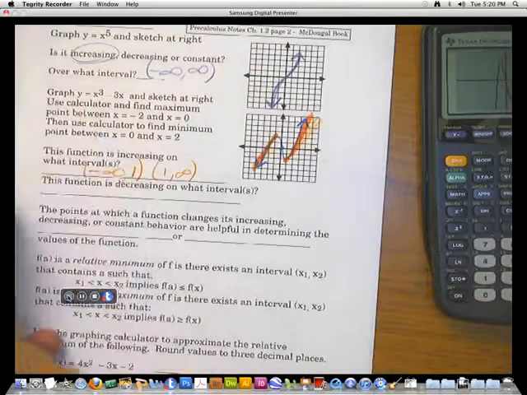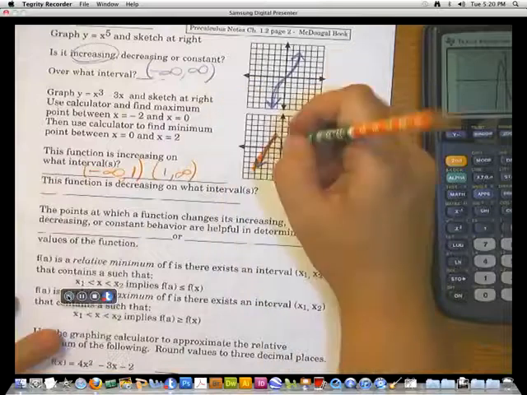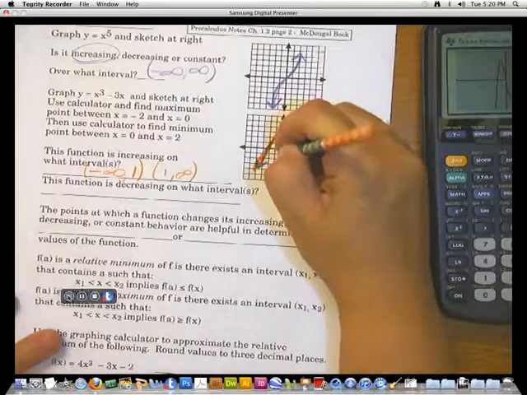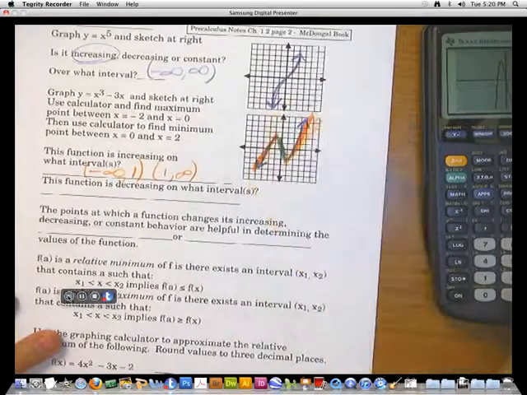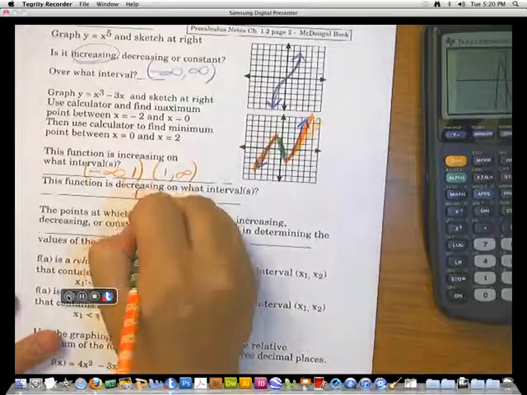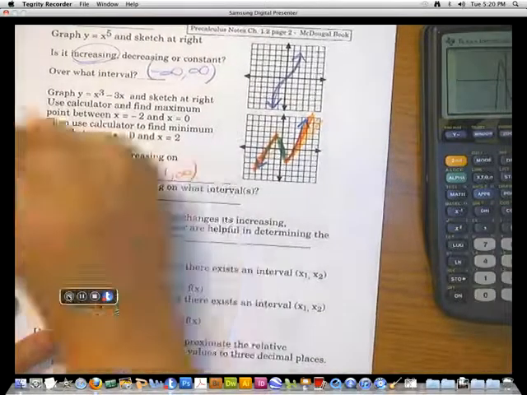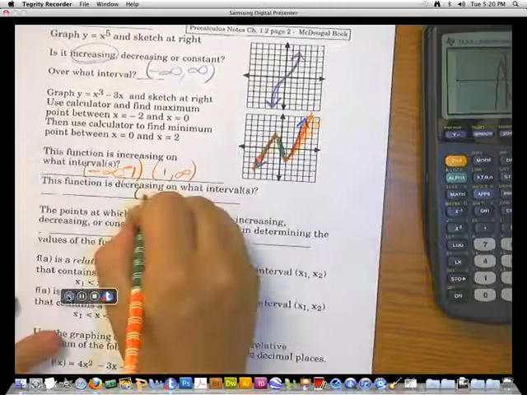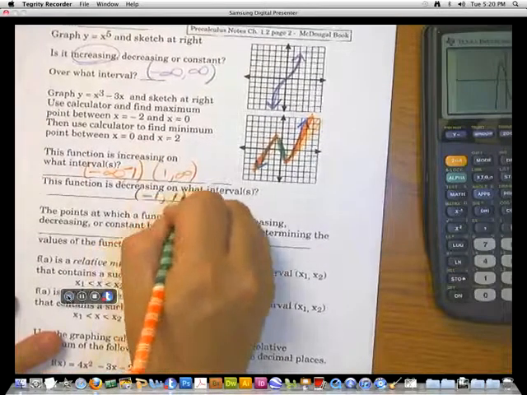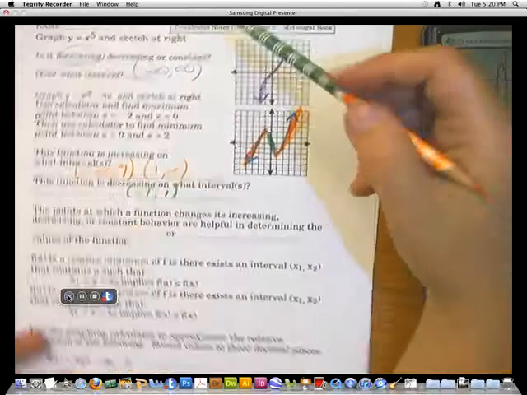So where is it decreasing at? Well, it's decreasing between those two, from -1 to +1.